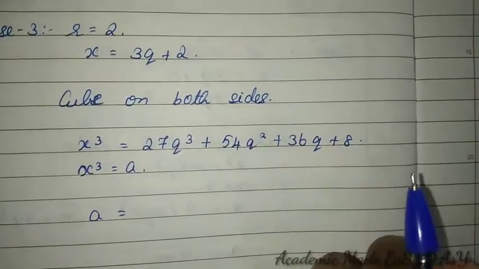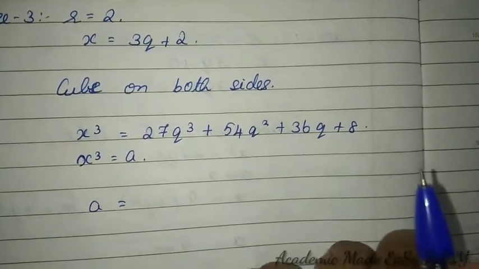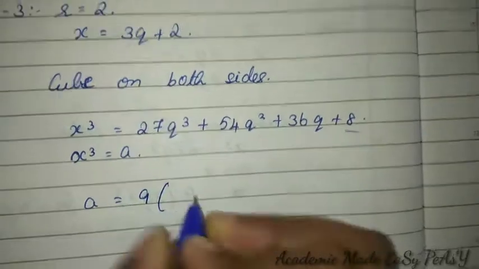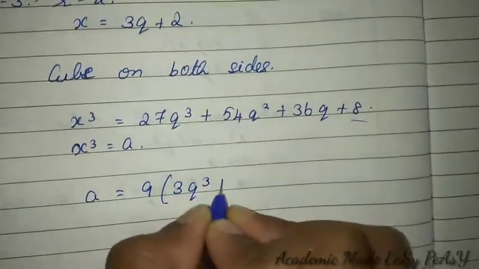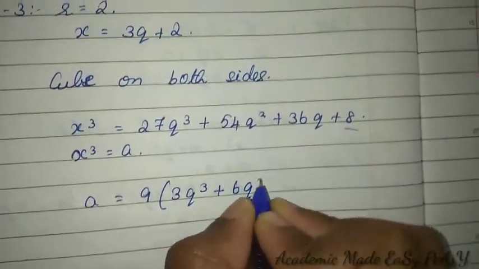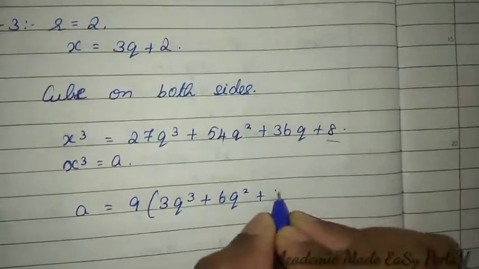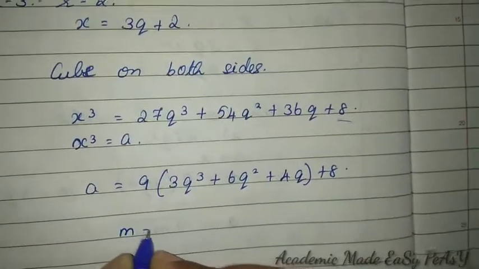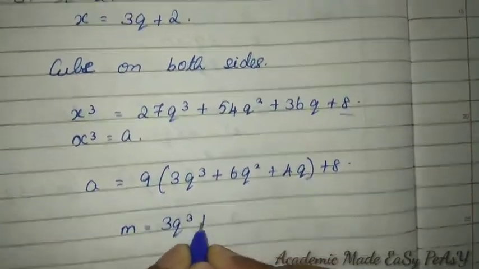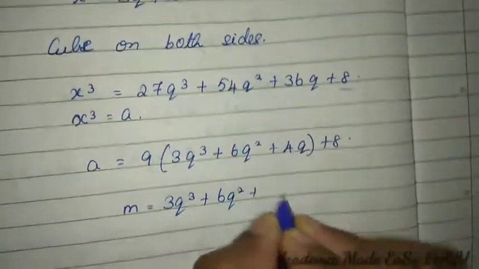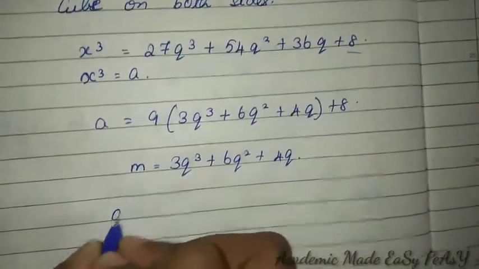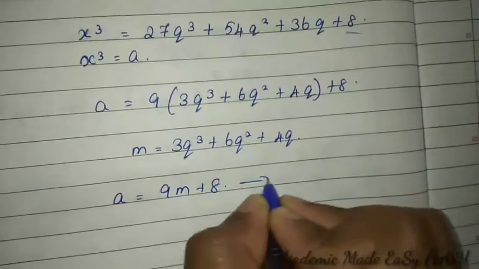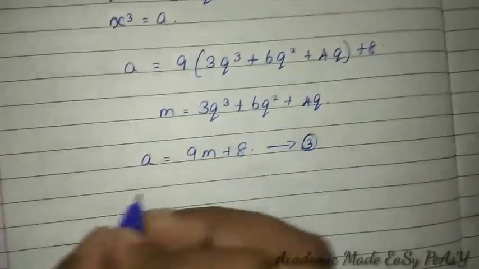In the question it was given as 9m plus 8, so I need not worry about this 8. I'm just writing 9 into 3q cube plus 6q square plus 4q, plus 8. So m is equal to 3q cube plus 6q square plus 4q. Therefore a is equal to 9m plus 8. So this will be equation 3.